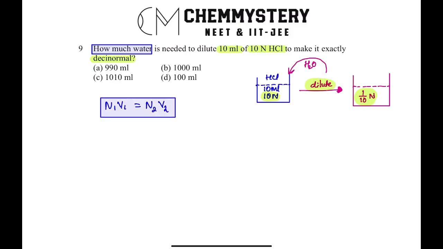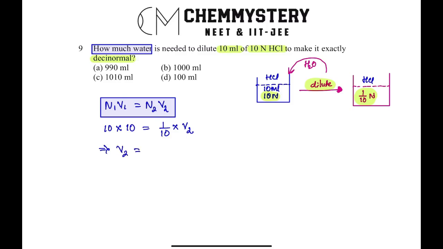What is my N1 in the stock solution? 10, into V1 for the stock solution, 10, is equal to N2, which is 1 by 10. We don't have the volume of the new diluted HCl solution. So what is V2?